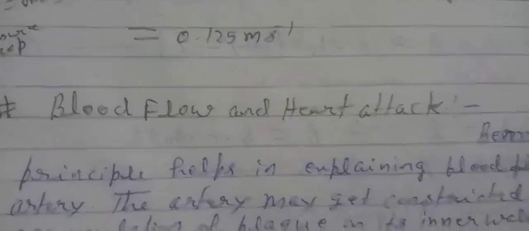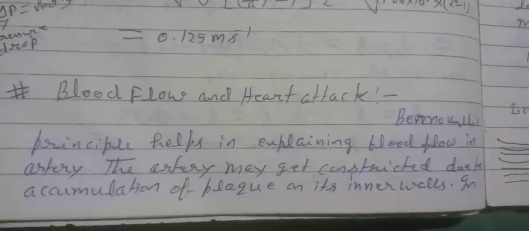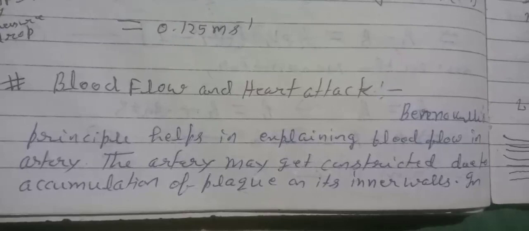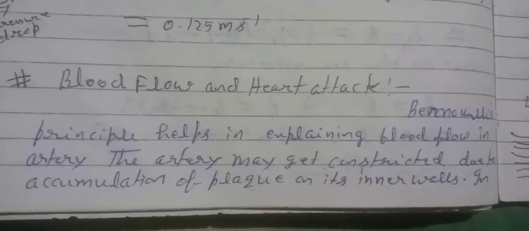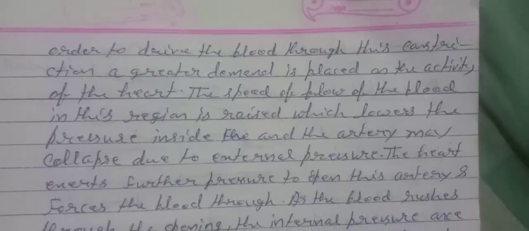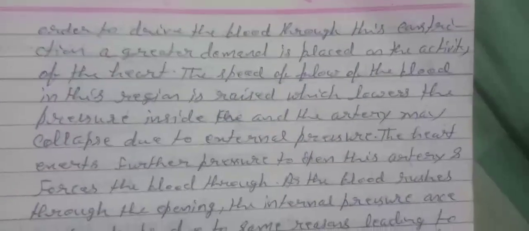Blood flow and heart attack. Bernoulli principle helps in explaining blood flow in artery. The artery may get constricted due to accumulation of plaque on its inner walls. In order to drive the blood through this constriction, a greater demand is placed on the activity of the heart.